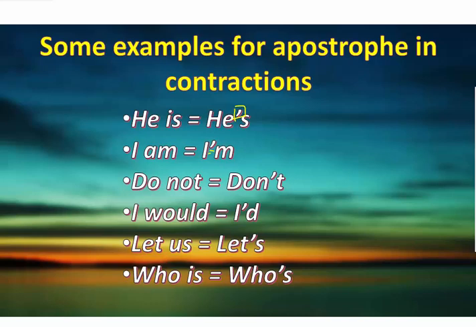Do not: don't. You can see the apostrophes. I would: I'd. Let us: in the contracted form, let's. We are using the apostrophe for the contracted one.